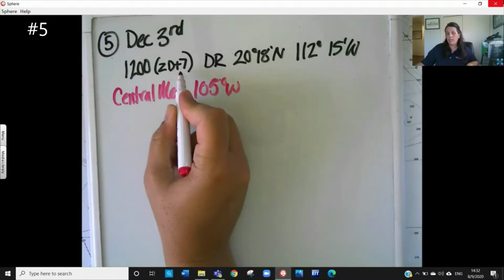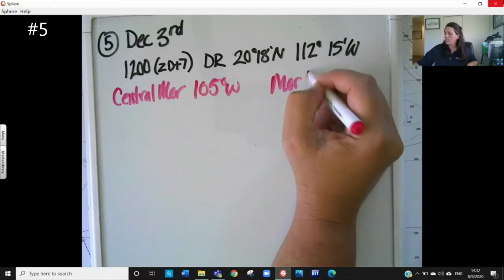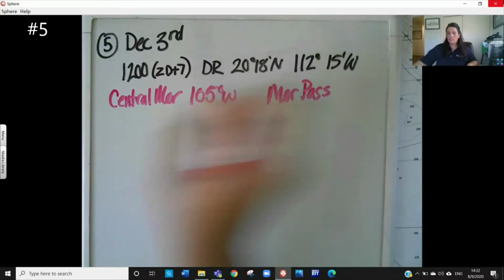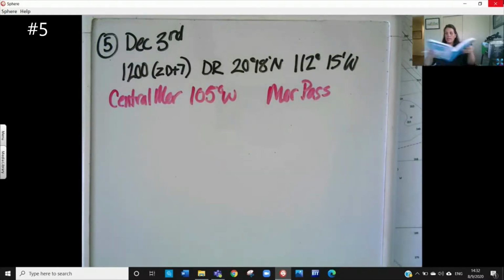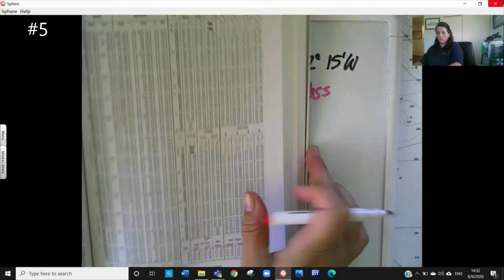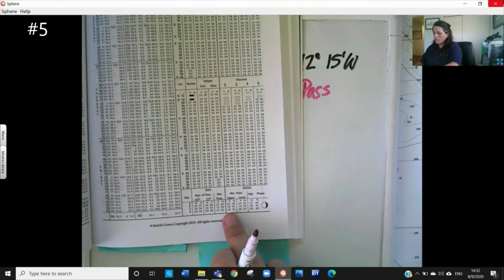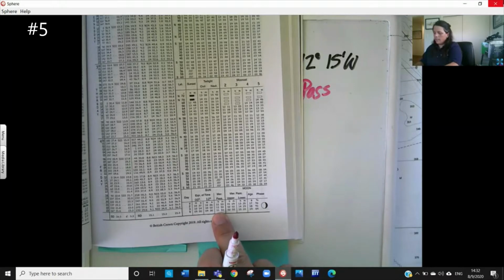That's 7 times 15. And then the meridian passage for December 3rd is going to be in our almanac. We're at December 3rd. Down at the bottom, we have a meridian passage of 11:50.